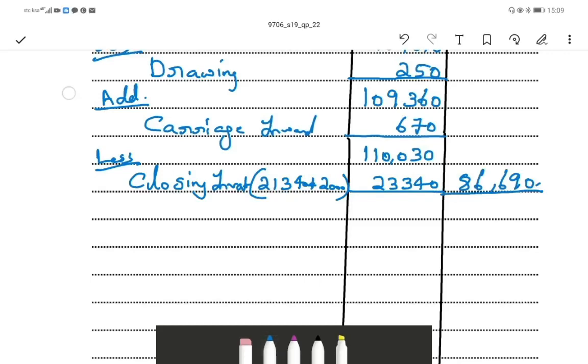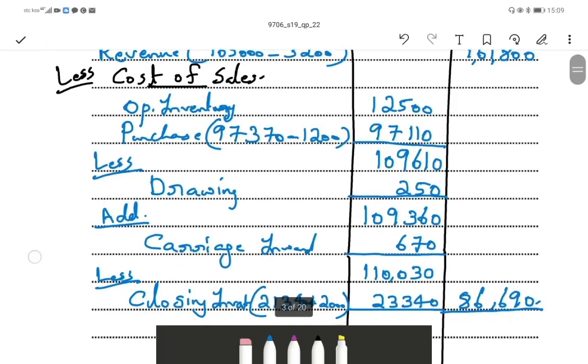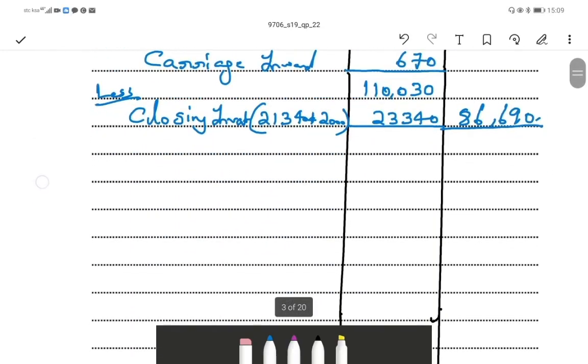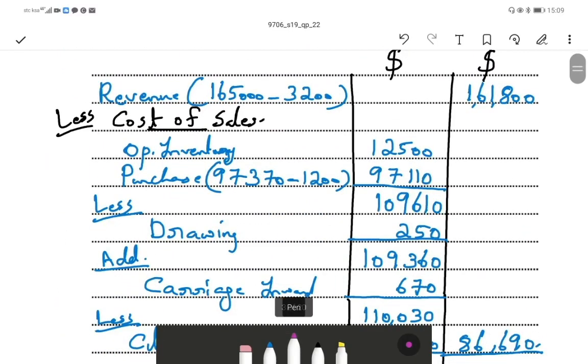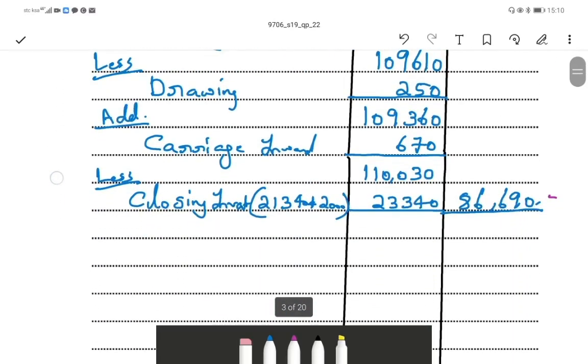So what is the equation of gross profit? Revenue minus, or sales minus cost of sales. Sales minus cost of sales is equal to 161,800 minus 86,690. What is the gross profit? Please calculate. 75,110. This is our gross profit.